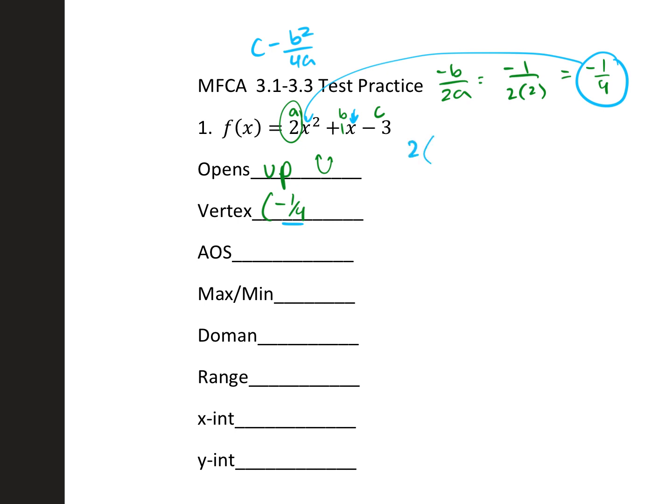So we have 2 times negative 1/4 squared plus negative 1/4 minus 3. So this would be 2 times 1 over 16, which would be 1/8 minus 1/4 minus 3. What do I need to add with fractions?